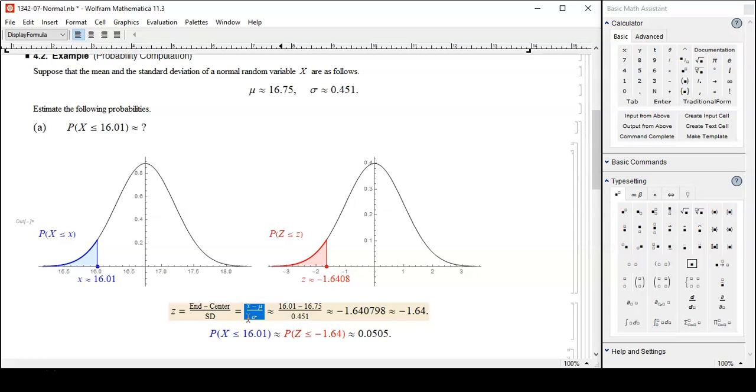But once you draw the picture, yes, you need a picture because all these are referring to the picture. And then you get end minus center over SD, then bingo. You can handle any kind of problem. All normal or semi-normal or normal-like problems. You can do all those with this.